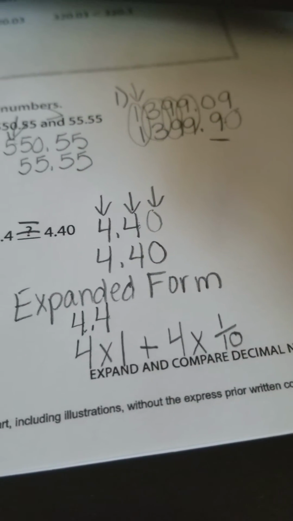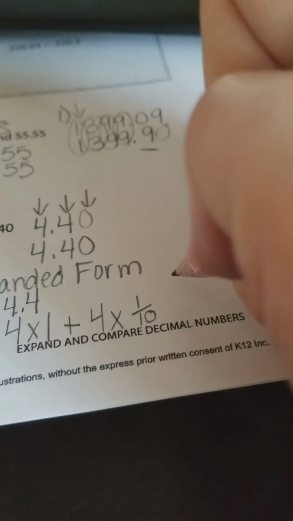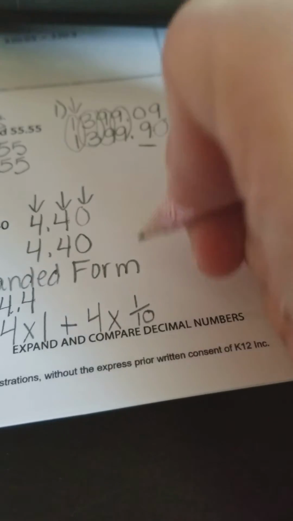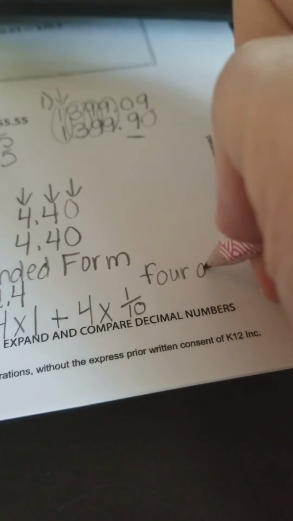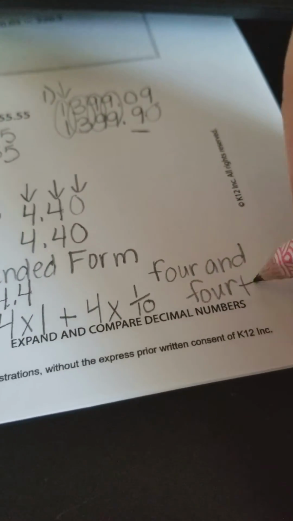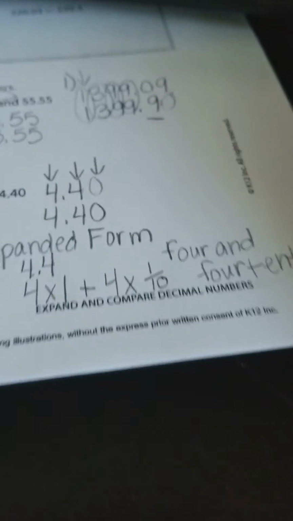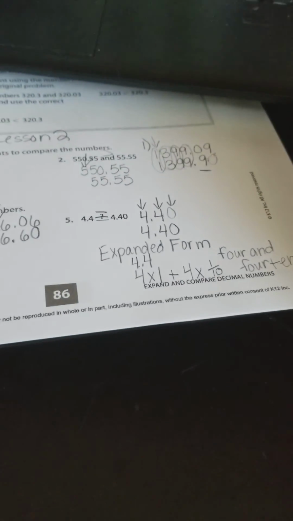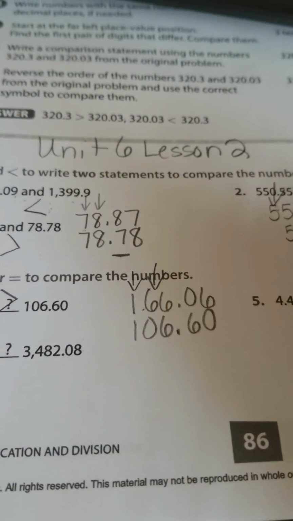You should have that in your notes from yesterday. And the way I would say this is 4 and 4 tenths. The way I would write it, 4 and 4 tenths. Okay. So that should help you finish up Unit 6, Lesson 2.